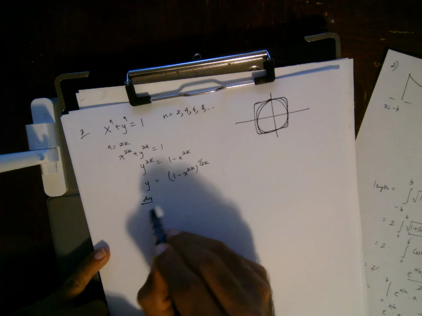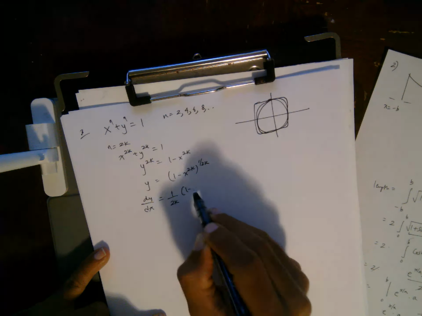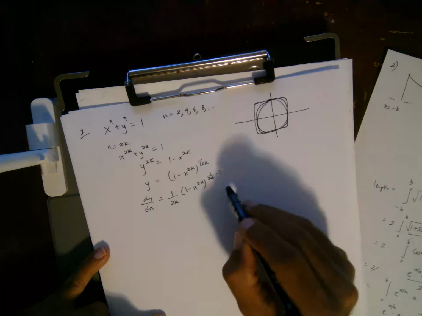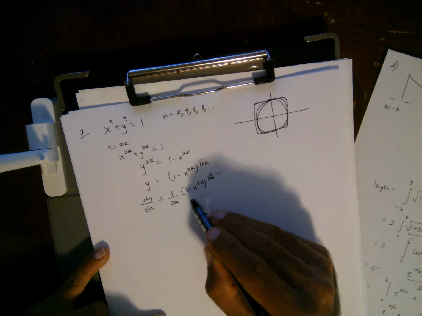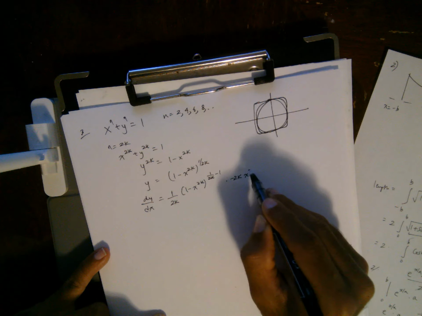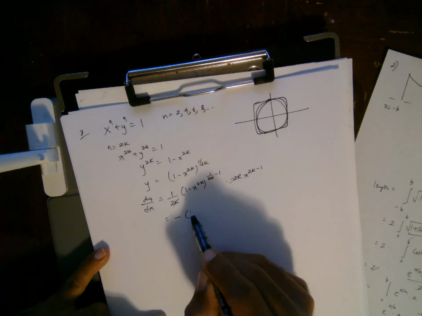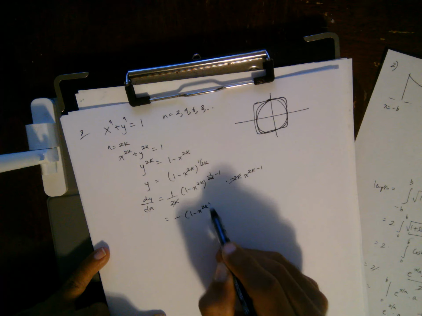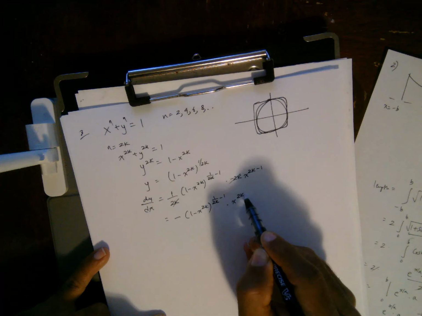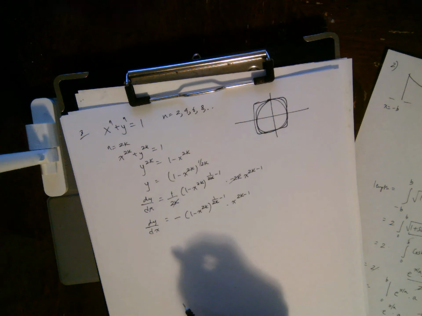Now I take the derivative, keeping in mind chain rule, so the exponent comes down, 1 minus x to the 2k to the 1 over 2k minus 1 times derivative of what's inside. Derivative of 1 is 0, so this is negative 2k x to the 2k minus 1. These cancel out, so I have a negative 1 minus x to the 2k, to the 1 over 2k minus 1, times x to the 2k minus 1. That is my dy over dx.